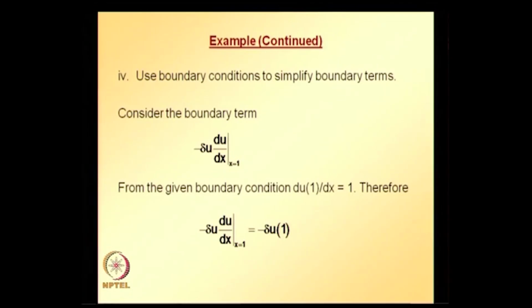So substitute derivative of u with respect to x evaluated at x is equal to 1, as is given in the natural boundary condition, which is equal to 1. So the first term, when you make the substitution, becomes variation of u evaluated at x is equal to 1.